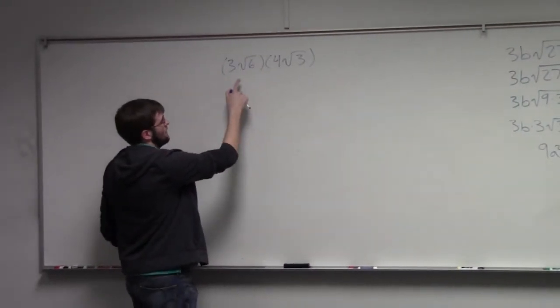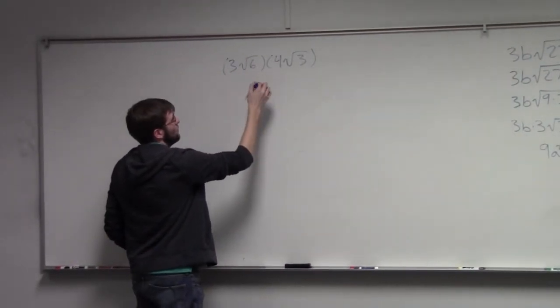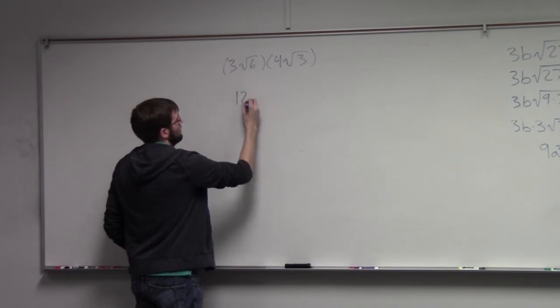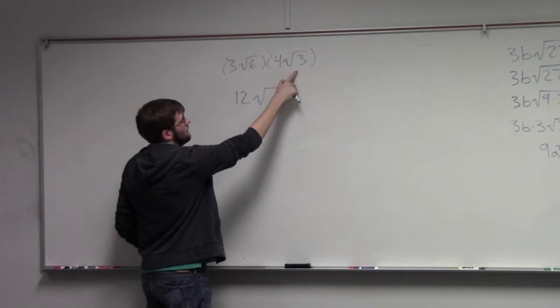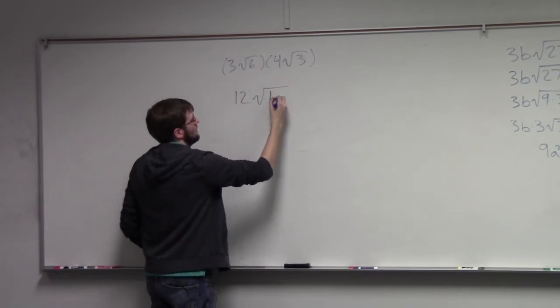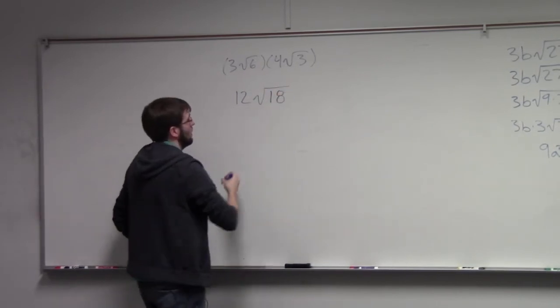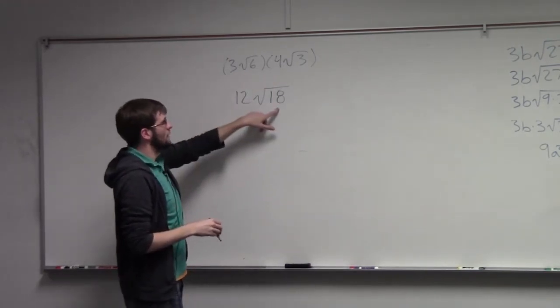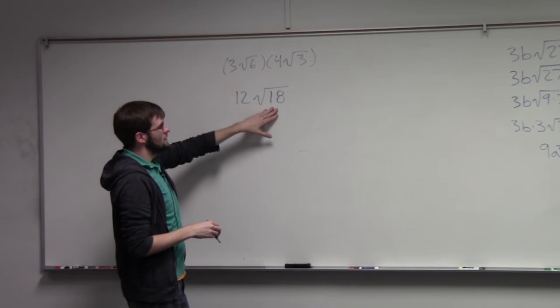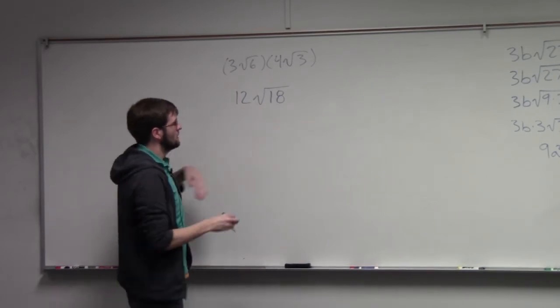So the stuff on the outside is 3 and 4. So 3 times 4 is 12. And the stuff on the inside is 6 times 3, which is 18. Just because you can't simplify here doesn't mean we can't simplify here. So what does 18 break down into? We got 2 and a 9.